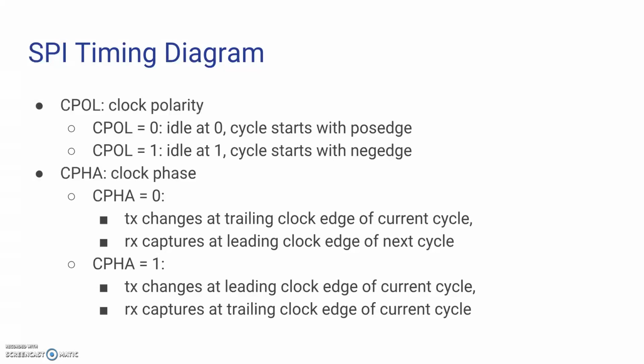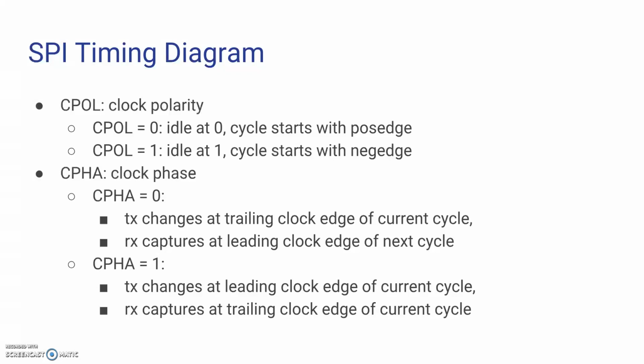Then clock phase determines when the devices transmit and receive. With a clock phase of 0, transmit changes at the trailing clock edge of the current cycle. So at the current cycle, at the last clock edge, that's when the transmit changes.